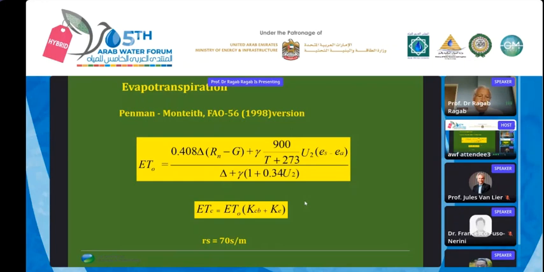This equation has been used worldwide and is still the most commonly used. A lot of people used this equation, and you will find in journals that they found 70% of the crop water requirements calculated by this equation produced the same yield as when you irrigate with 100% of the crop water requirements.